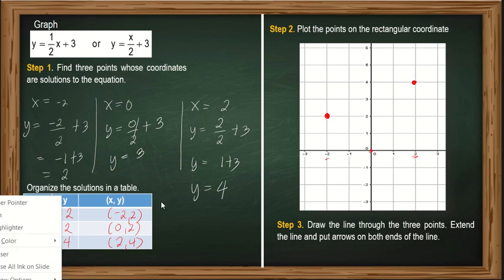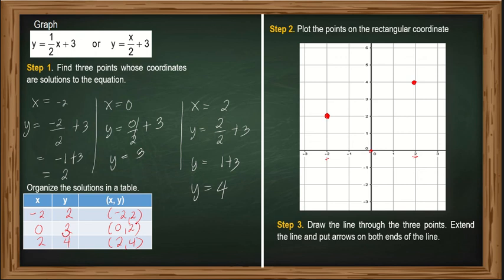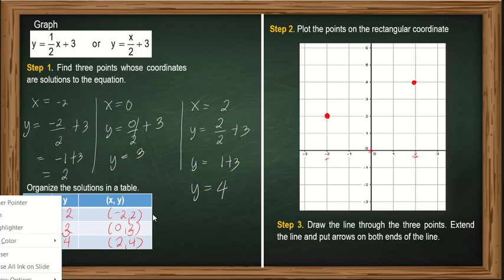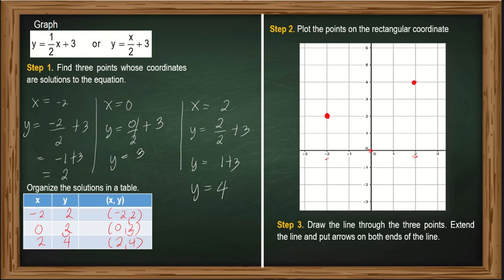So you have second point 0, 3. Okay, now they are aligned. Connect the three points. Okay, let's make it clear.